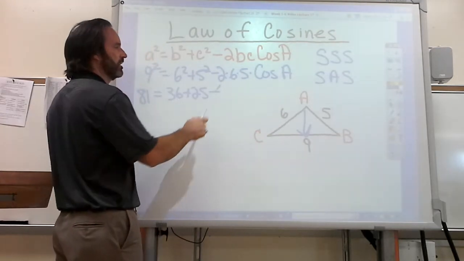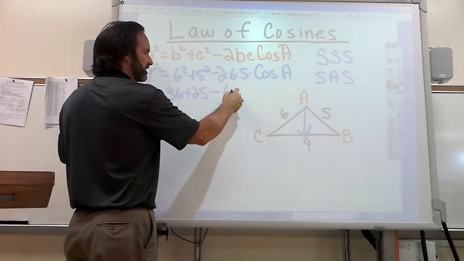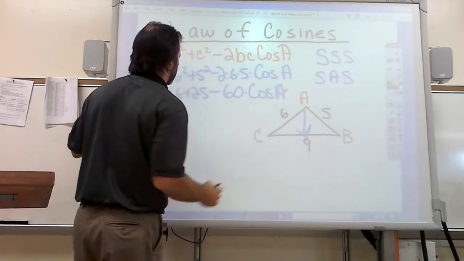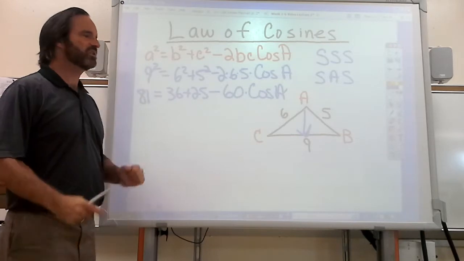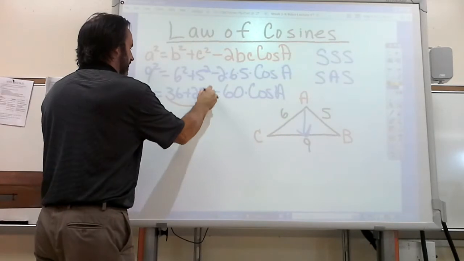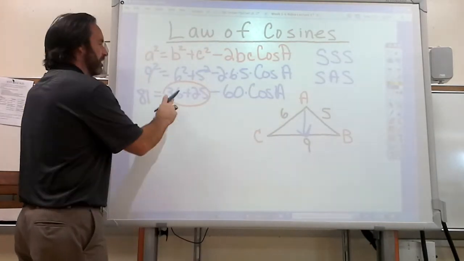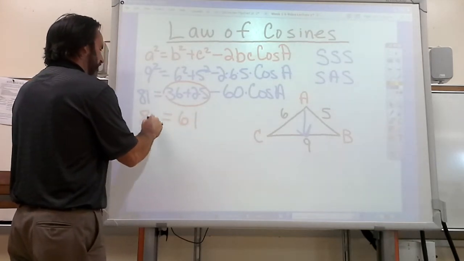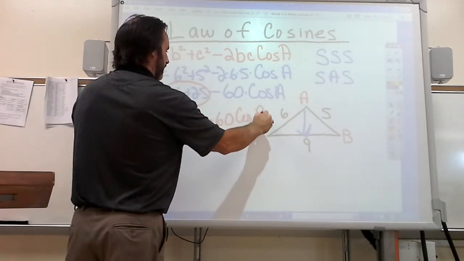Let's simplify this. 6 times 5 is 30, and times 2, this is going to be 60, so minus 60 times cosine of A. All right, so we've got everything simplified. Let's add these together, and we'll be left with this. Okay, so 36 plus 25 is 61, so 81 equals 61 minus 60 cosine A.